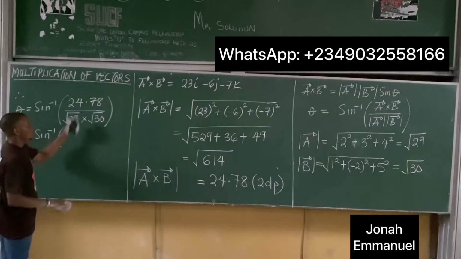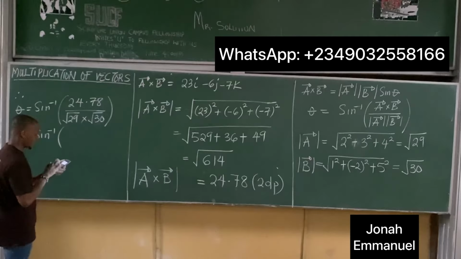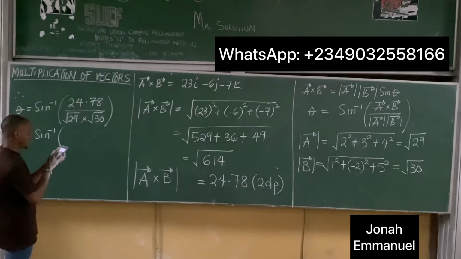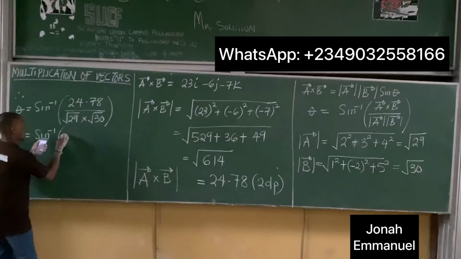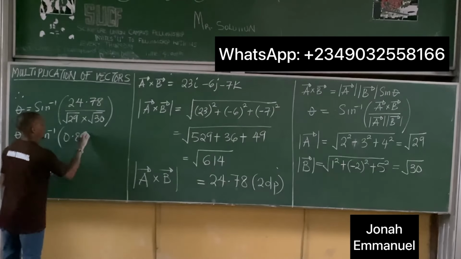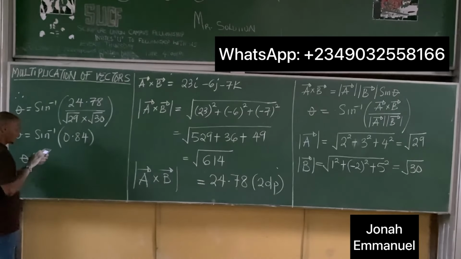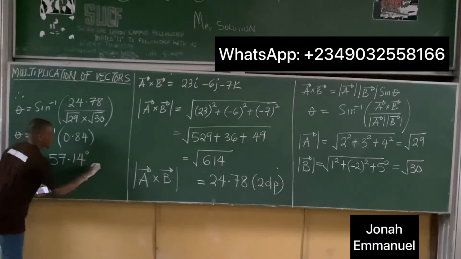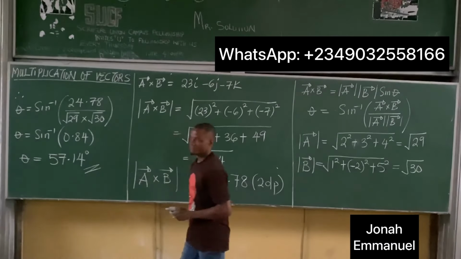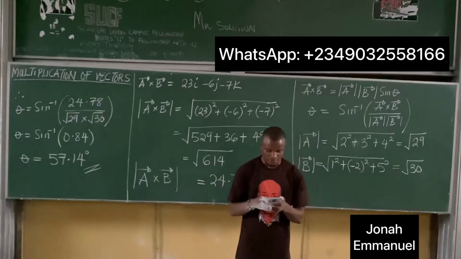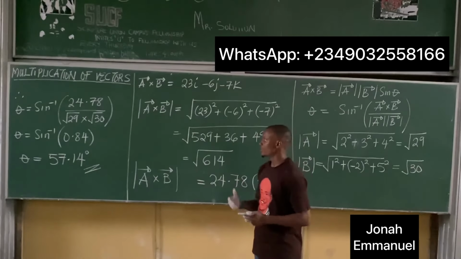Punch all of this with the calculator: 24.78 all over root 29 times root 30, and that gives 0.84. Take sine inverse. Theta is equal to sine inverse of 0.84. That's 57.14 degrees. So this becomes the angle between the two vectors. So this is how you solve this problem.